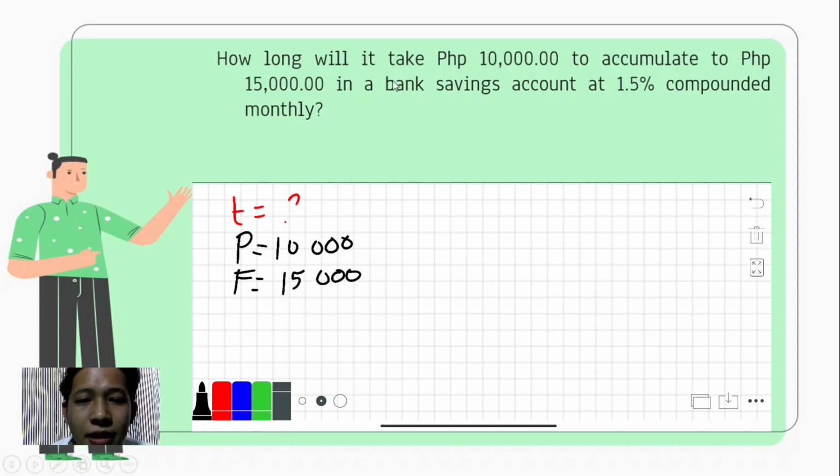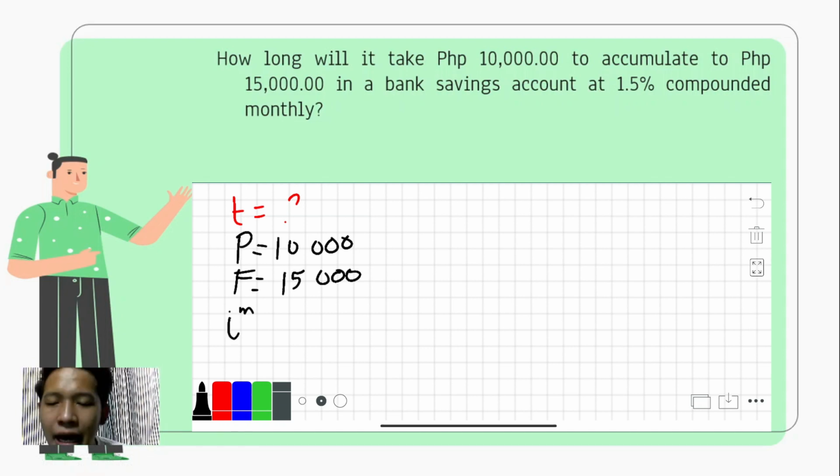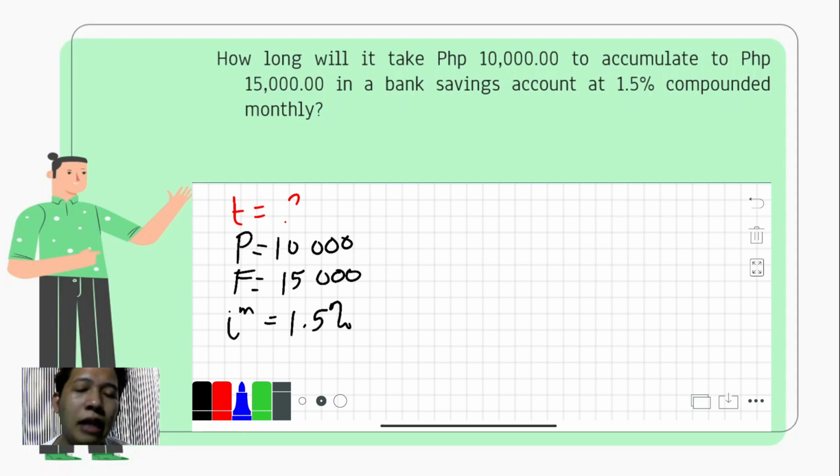And then this savings account is at 1.5% compounded monthly. So our nominal rate, which is i raised to m, is equal to 1.5%, to which kapag kinonvert natin siya into decimal, we move the decimal point two decimal places, 1, 2.